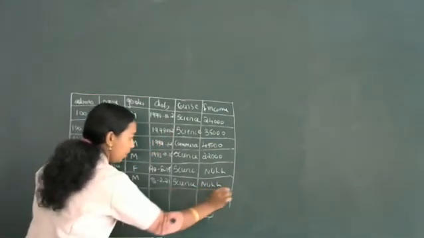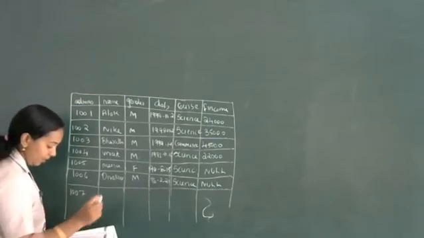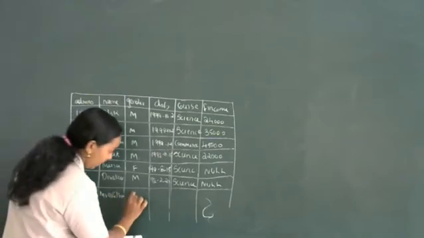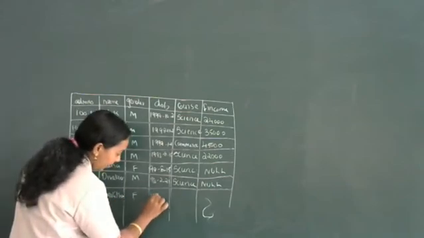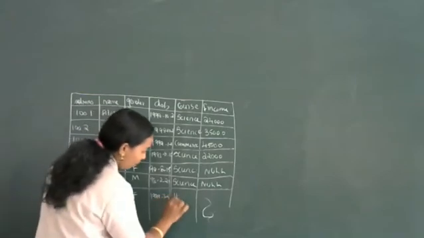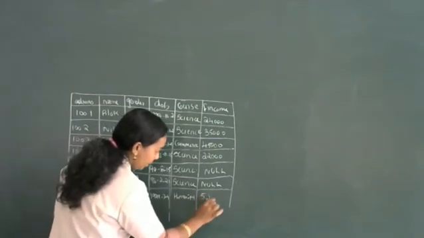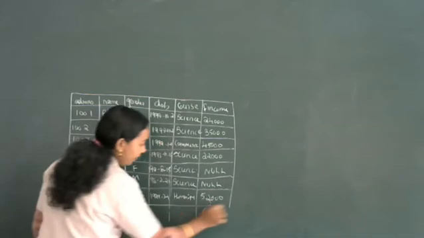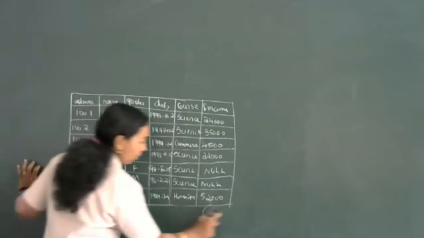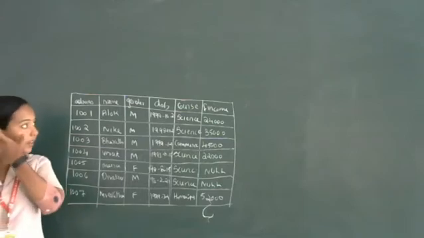Then one more row, 1007, Nivedita, female, 1999, humanities, family income 52,000. The entire table I am not going to draw. Here I am drawing some rows or tuples with some values. In your textbook the entire table is present.